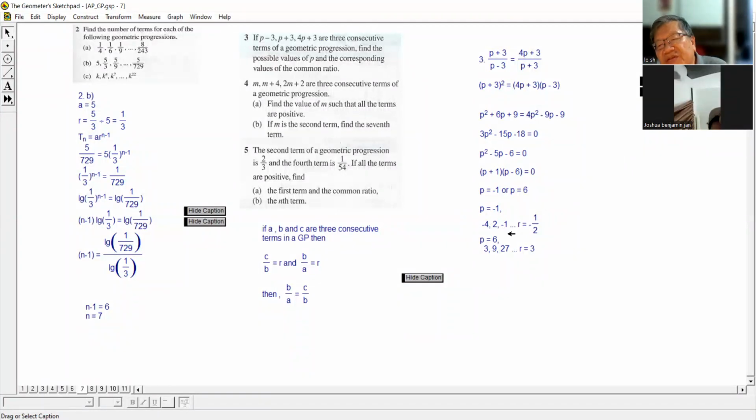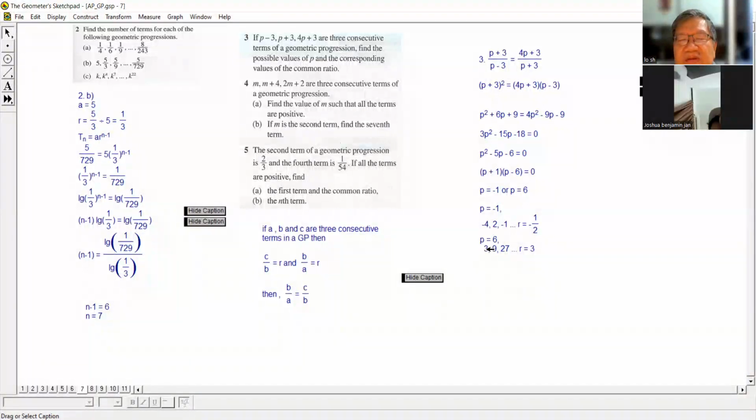So from this geometric sequence, can you find the value of R? Yes, so you can find the value of R. But that is for one value of P only. Then you take this 6 and put it back inside here. P minus 3 is 6 minus 3, which is 3.